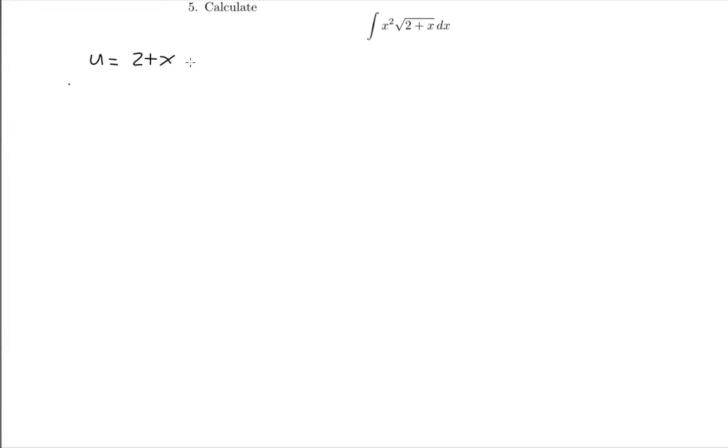So if I let u equal this, then the integral of x squared square root 2 plus x dx is equal to the integral of x squared times the square root of u dx. Now I have a whole bunch of x's and u's mixed up here, so the first thing I want to do is get rid of this dx.